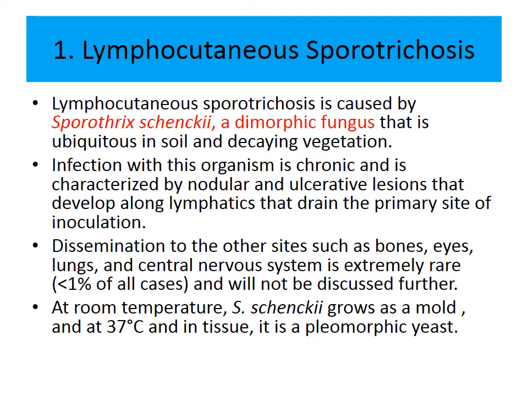It's a very important concept. Most of the infections in humans are caused by dimorphic fungi. At room temperature, Sporothrix schenckii grows as a mold, and at 37 degrees in the tissue, it grows as yeast. If you change the temperature, it changes the shape. That's the problem.